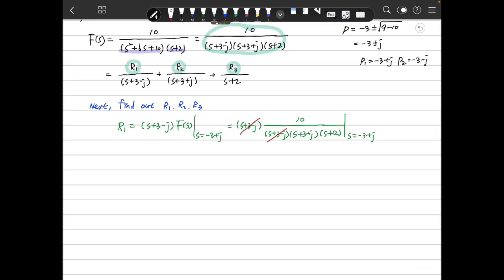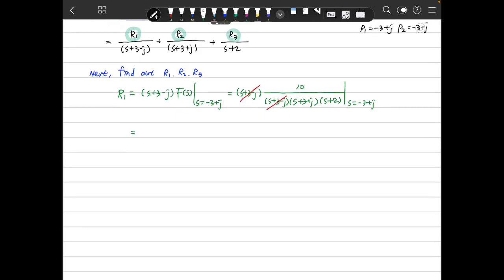Then we cancel in this manner. Then our result will be 2j and minus 1 plus j and 10. So there will be minus 5 over 2 plus j 5 over 2.